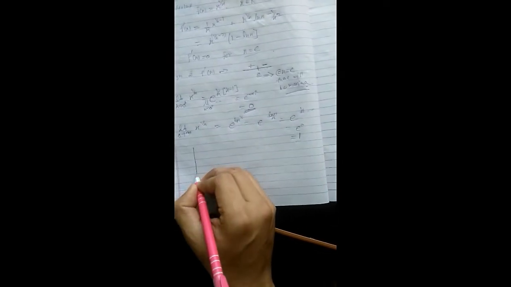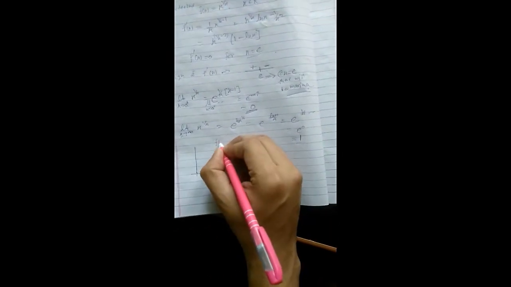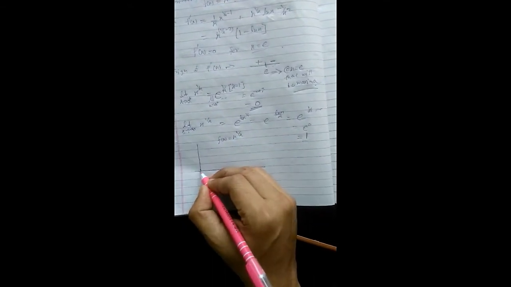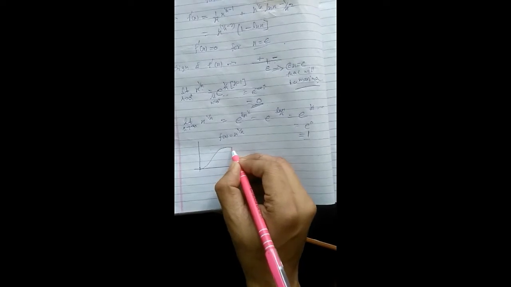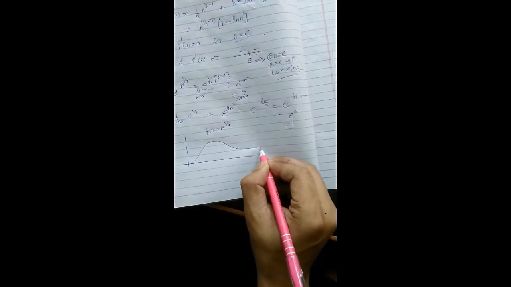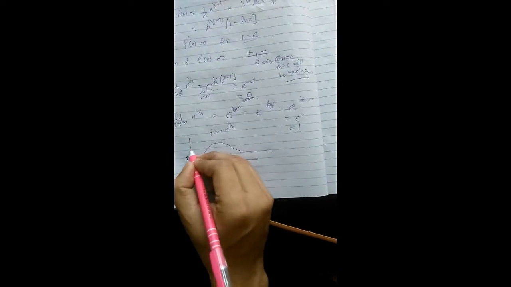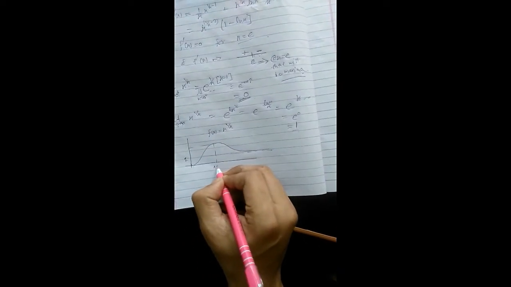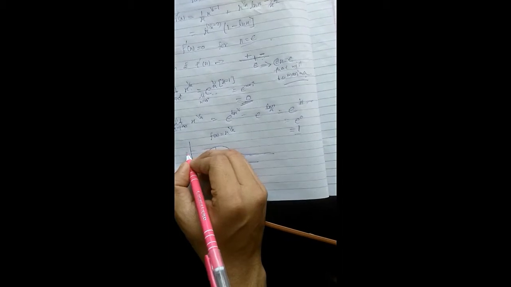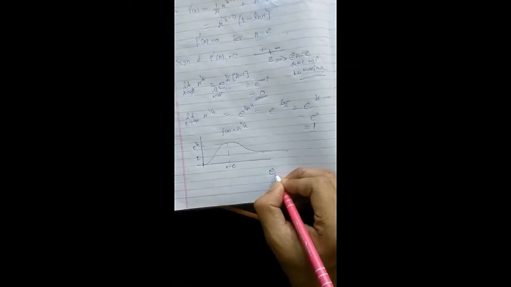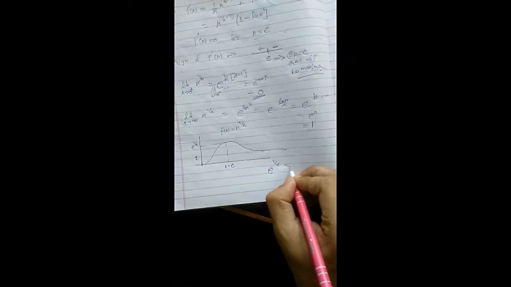So the graph of function f(x) equals x raised to power 1 by x will look something like this. It will be asymptotic towards 1, and this will be x equal to e, and this will be e raised to power 1 by e. So we can now say that e raised to power 1 by e is greater than any value of x raised to power 1 by x.